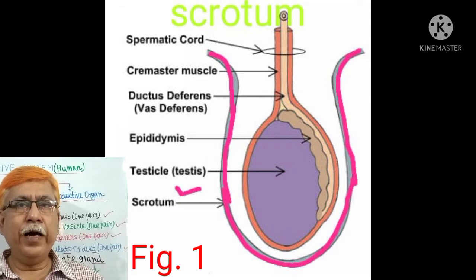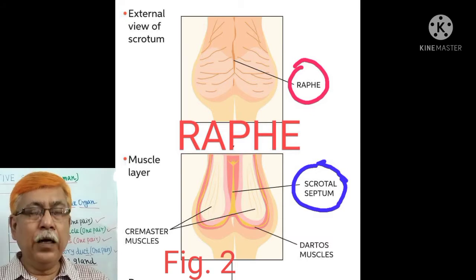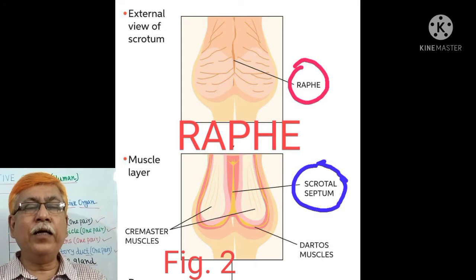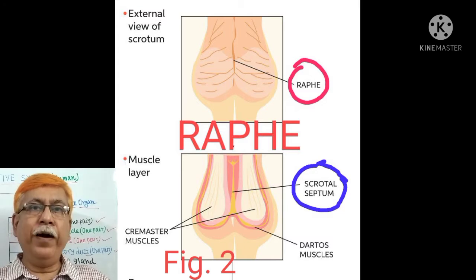Scrotum is here marked with a tick mark, red color. Look at this figure 2. Internally, scrotum has two compartments. A septum made up of connective tissue, called scrotal septum, divides the scrotum internally into two compartments.